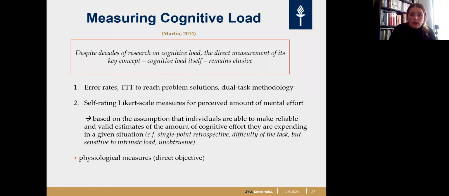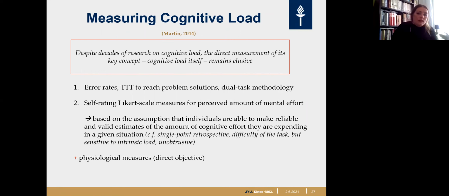So NASA TLX is also a measurement for perceiving the amount of cognitive load. Here the term is mental effort because the article is from the educational research area, in which in those measurement studies, the mental effort has been operationalized in a way that it can reveal the cognitive load.